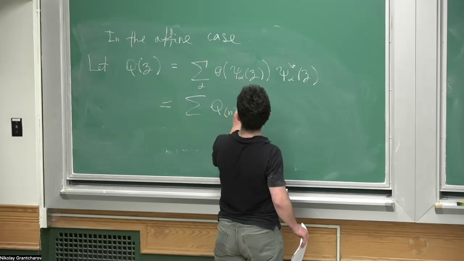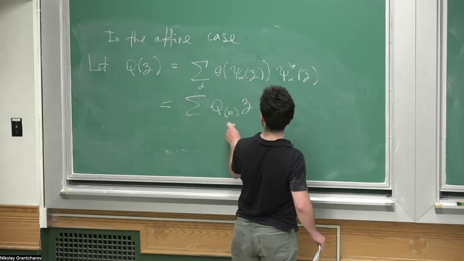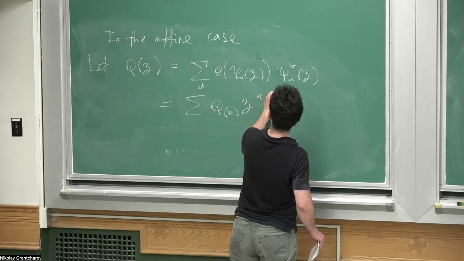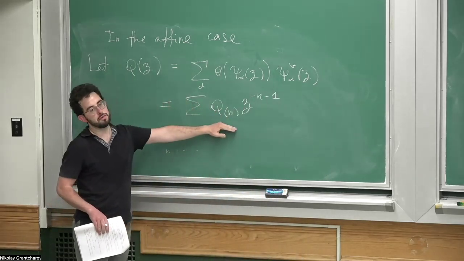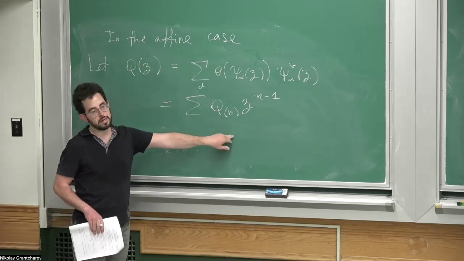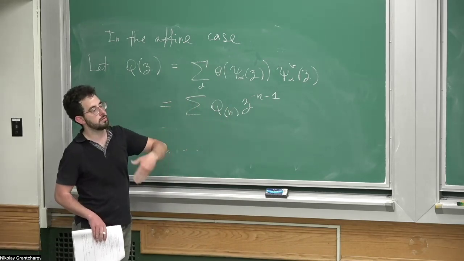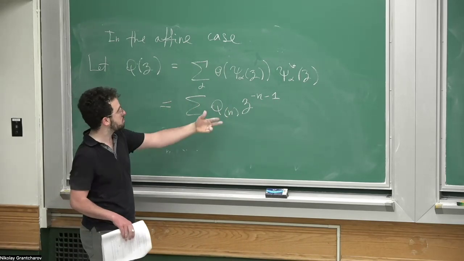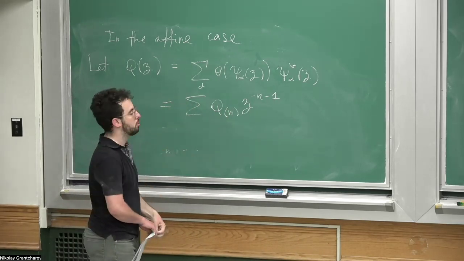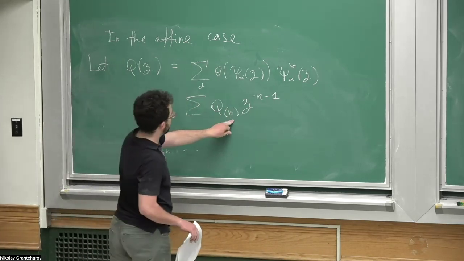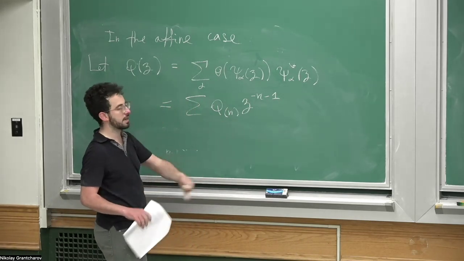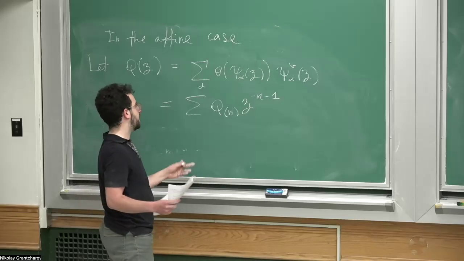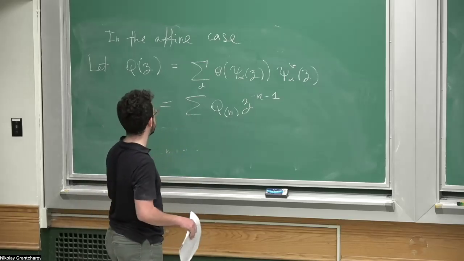So I'm going to denote its component by Q of N. And then the 0th component of a field in a vertex algebra will act as an automorphism of the vertex algebra. Exactly because it will commute with everything; in the commutator it will not have any positive powers.